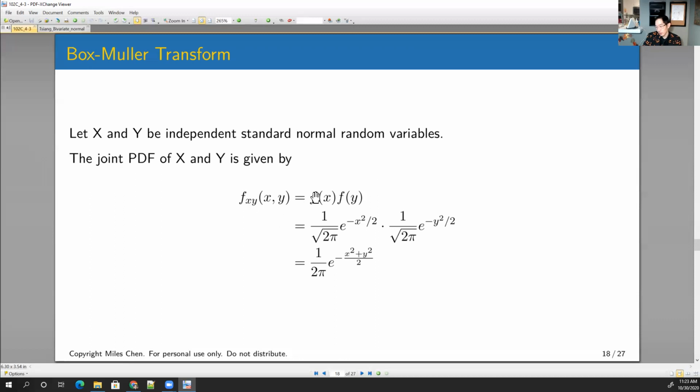The PDF of a standard normal is 1 over root 2 pi times e to the negative x squared over 2, and for y it is 1 over root 2 pi e to the negative y squared over 2. When you multiply these together, you can combine the exponents, so you get 1 over 2 pi e to the negative (x squared plus y squared) over 2. This is the joint distribution of two independent standard normal variables.